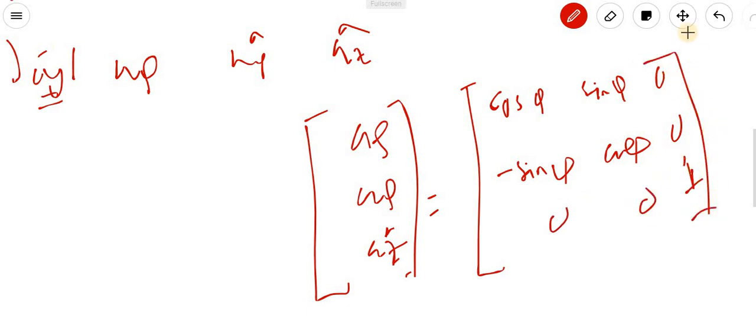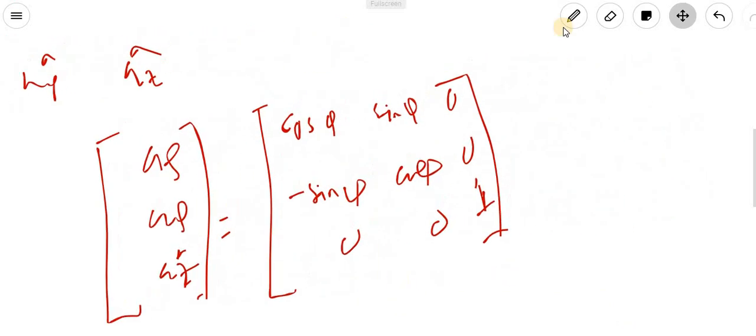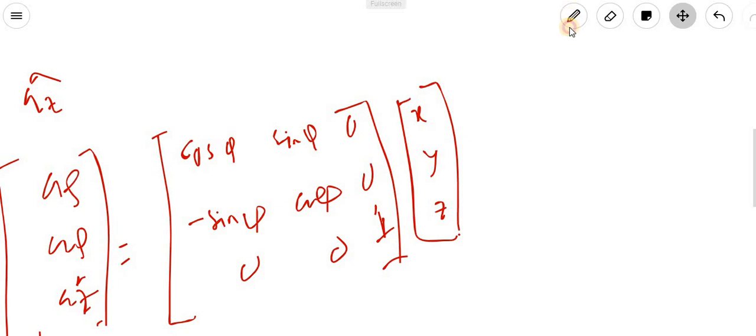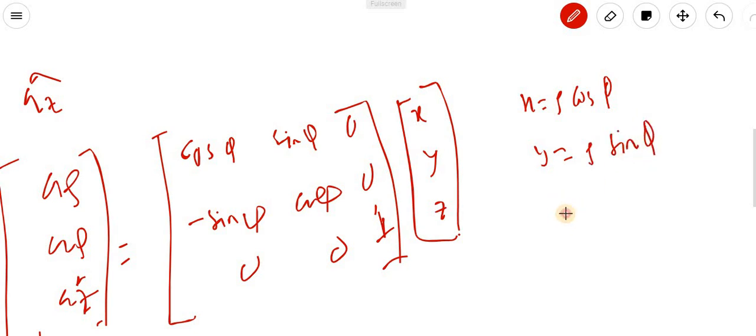In this way, clear? And in this we have to replace ax, ay, az with x, y, z. Also we know the conversion: x is rho cos phi, y is rho sin phi, and z is equal to z.